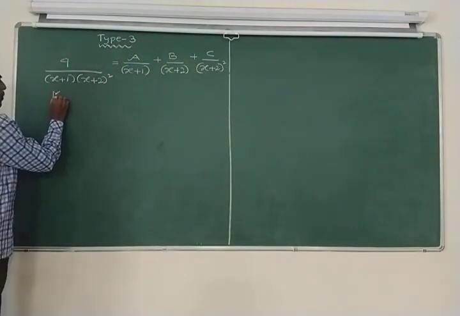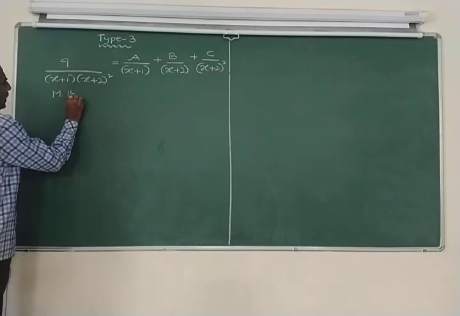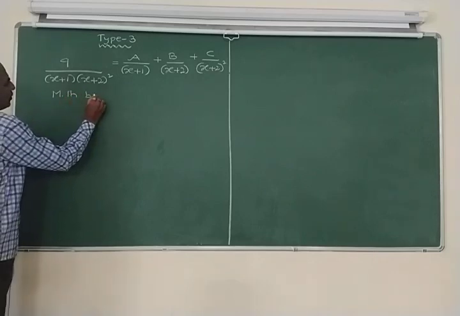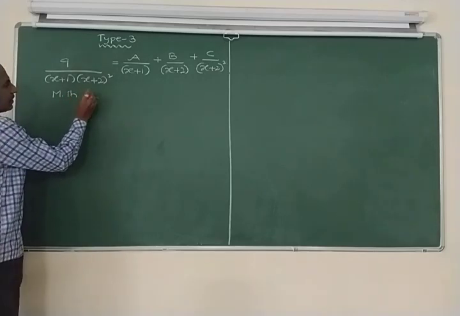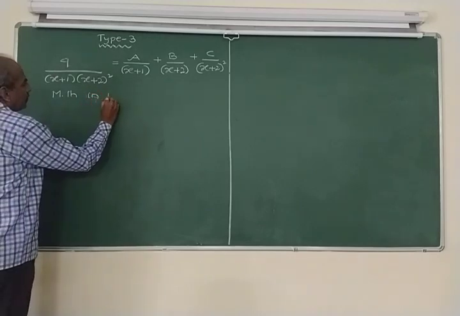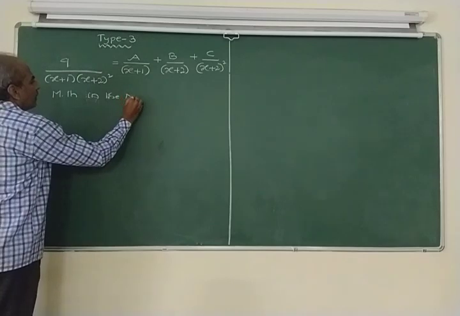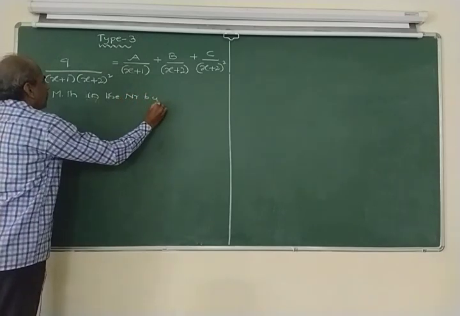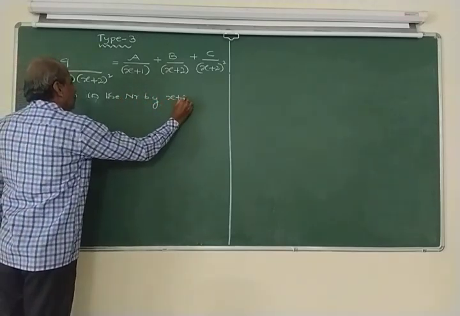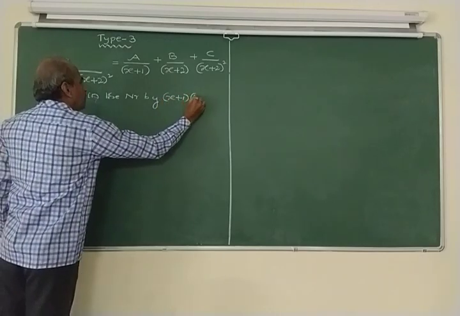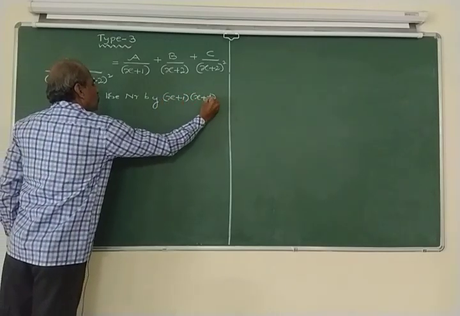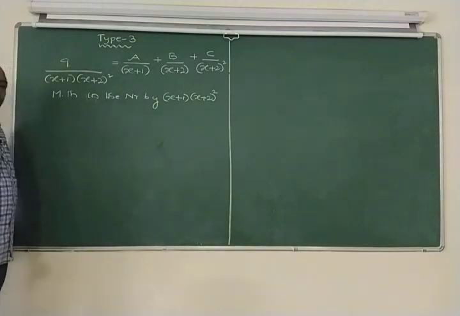Now, multiplying throughout in the numerator by the product of the denominator, that means x plus 1 into x plus 2 the whole square.